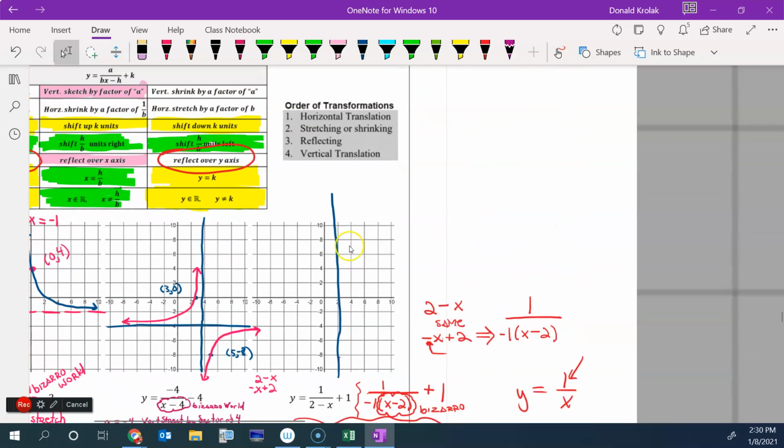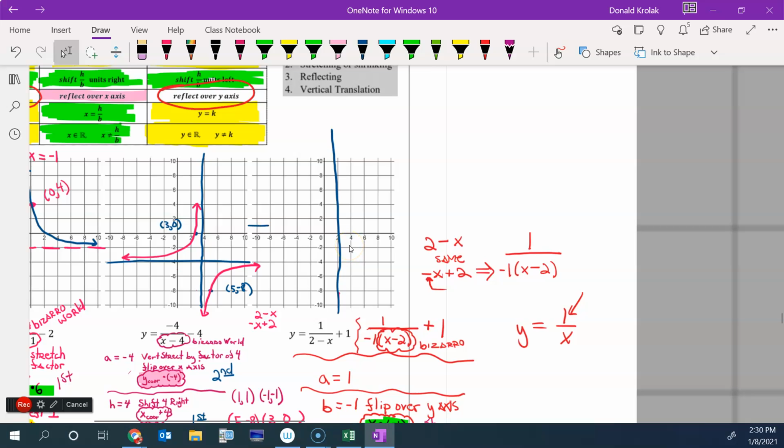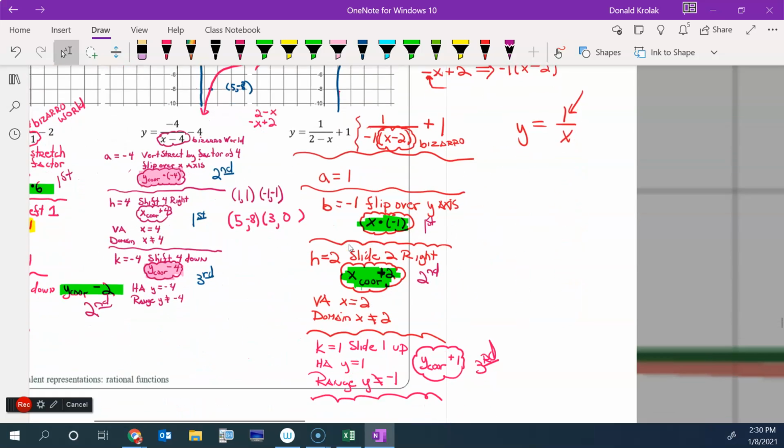And okay, and then we get our points. All right, I'm going to take the x coordinates and I'm going to multiply them by -1, and then I'm going to add 2.